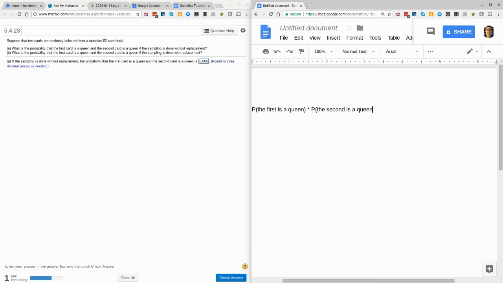I want the straight up and down bar, but I don't think I have that, so I'm just going to put this little line. It's not really a fraction, but it should be straight up and down. The probability the second is a queen, given that the first card you drew was a queen.